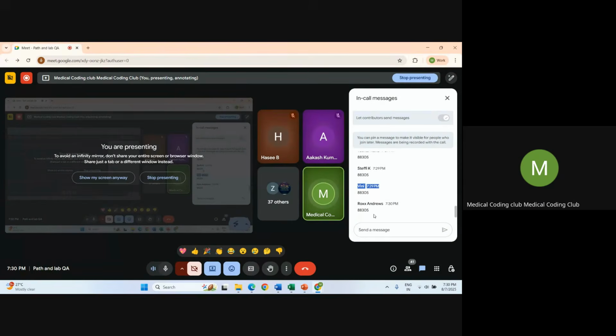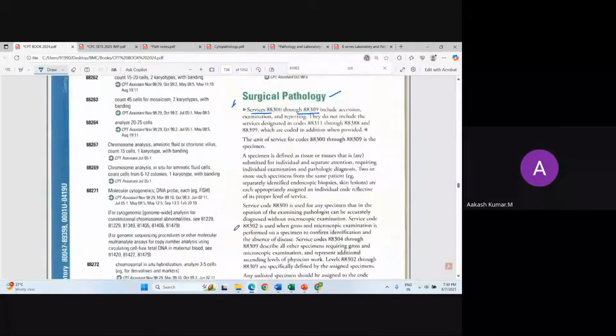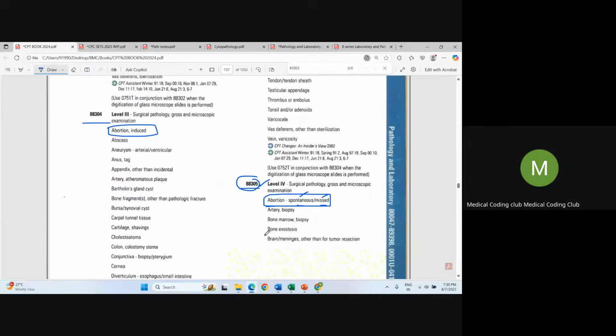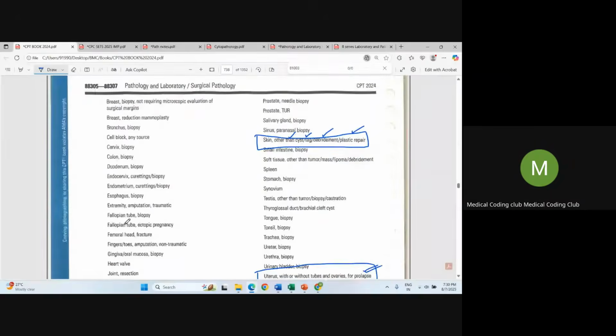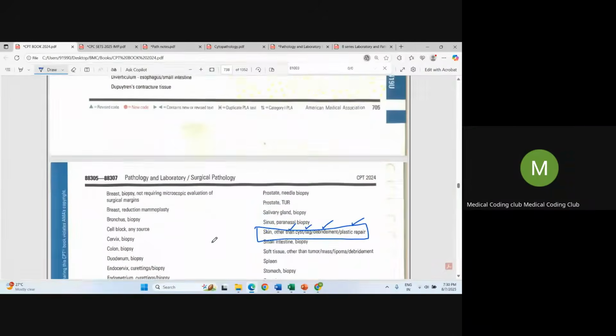So kidney biopsy is 88305. Under 88305 you can check, you have the kidney biopsy. Okay, 305 is correct.